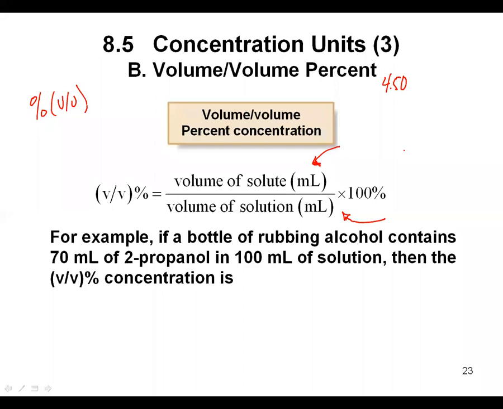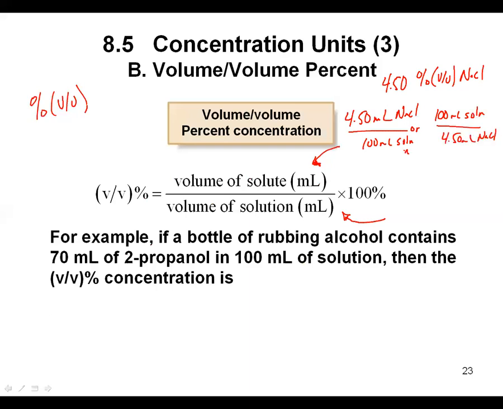If you wanted to convert it into a usable conversion factor, that would mean you have 4.5 milliliters of sodium chloride and 100 milliliters of solution. Or in 100 milliliters of solution, you have 4.5 milliliters of sodium chloride.